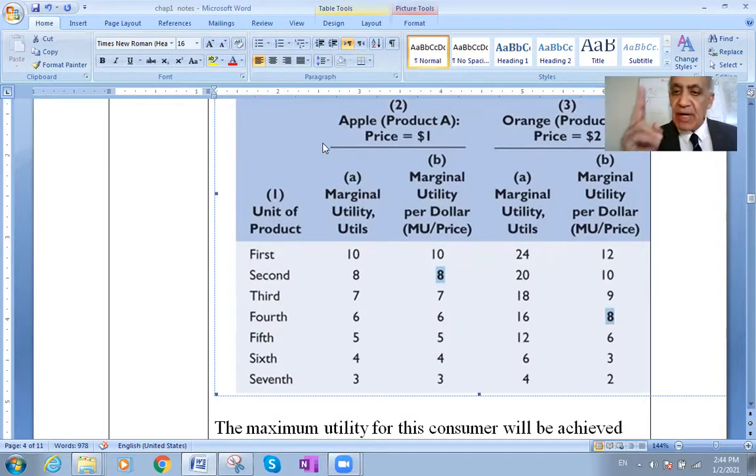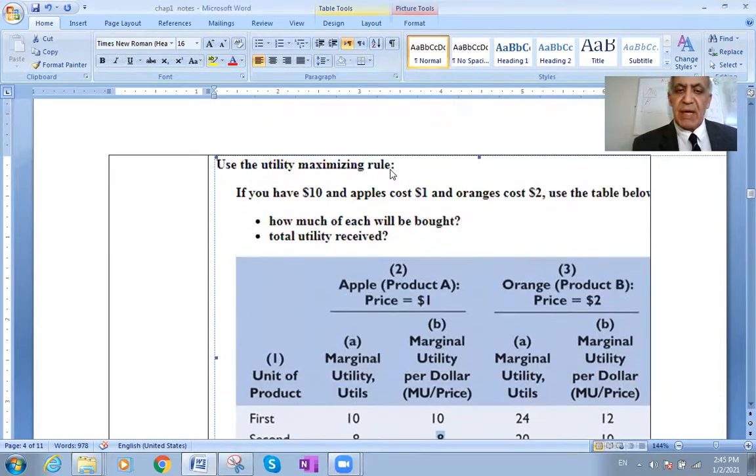Two marginal utilities for two different products will be given in the example, and they will also give you two prices, one price for each product. Now it says if you have $10, so your constraint is $10.